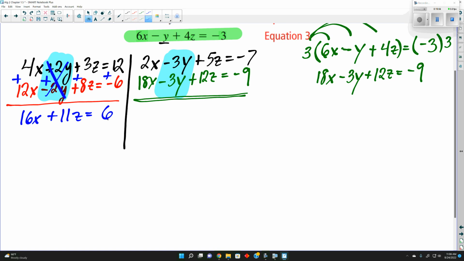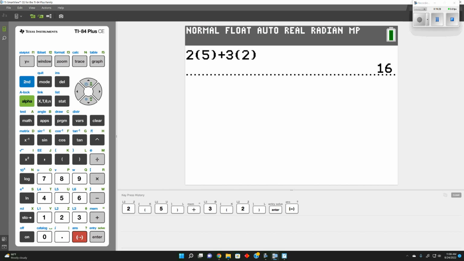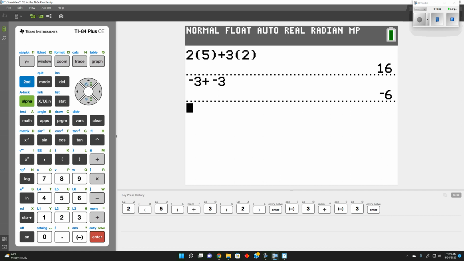Now if we look at the other one, if we add these 2 here, negative 3 plus negative 3 is, well, a negative plus a negative gives us a bigger negative, so that would give us negative 6.